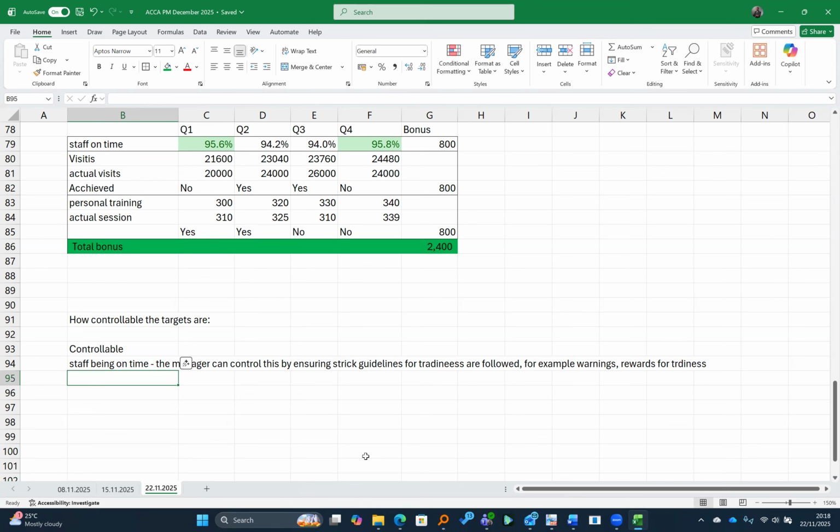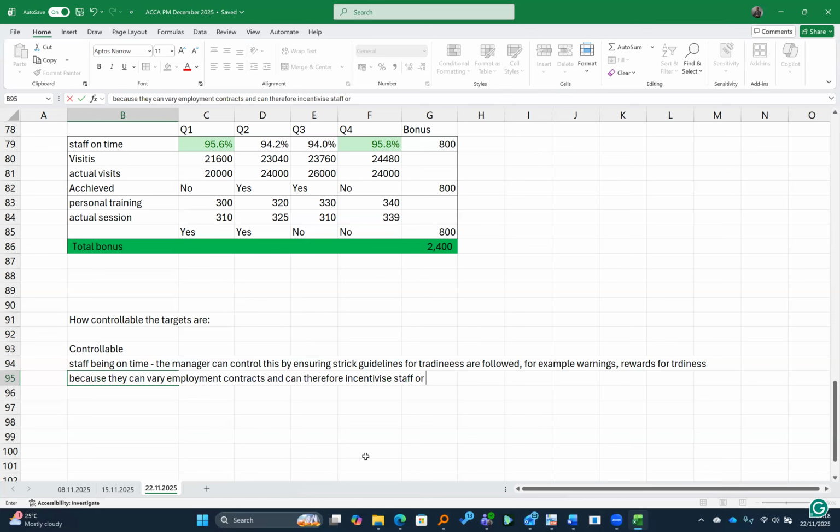You say because they can vary employment contracts and can therefore incentivize staff or put stringent warnings to ensure punctuality.